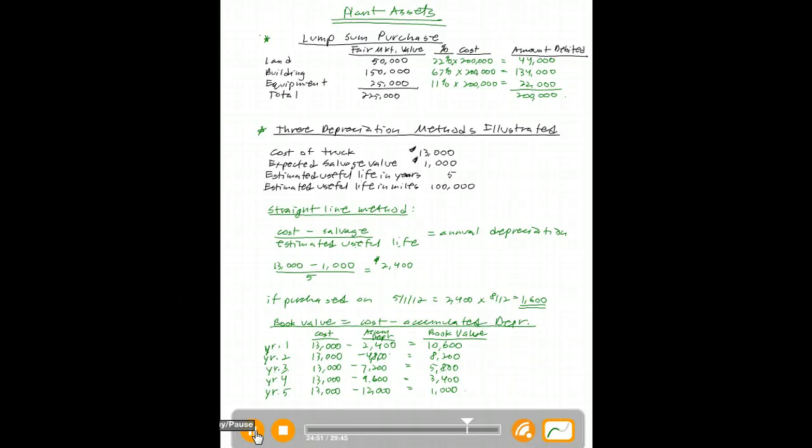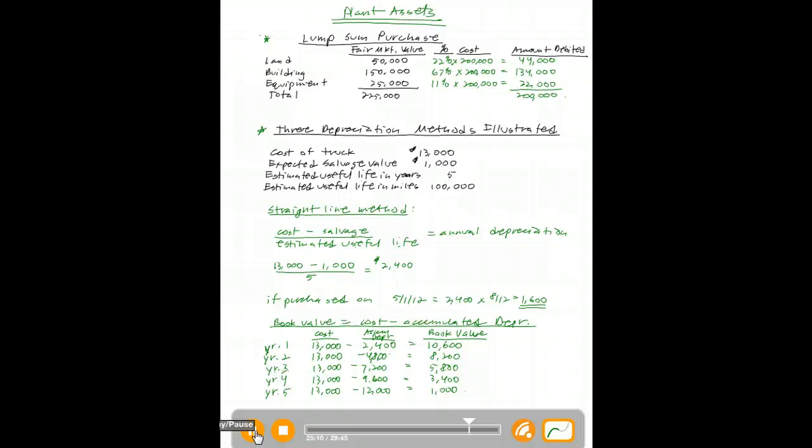Okay, natural resources. We need to calculate depletion on natural resources. Whereas for plant assets the expense is called depreciation, for natural resources the expense is called depletion expense.